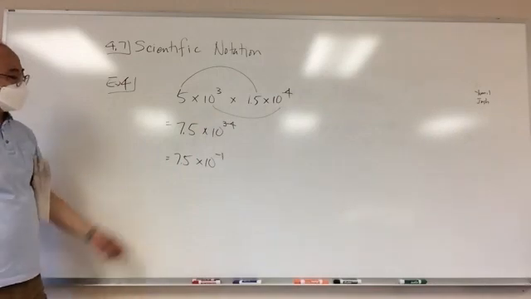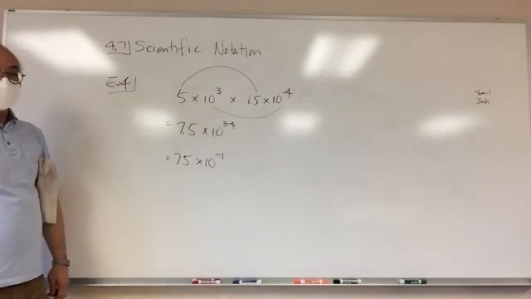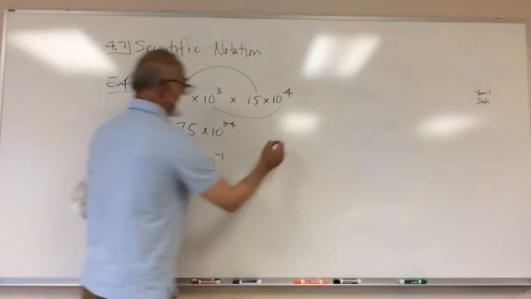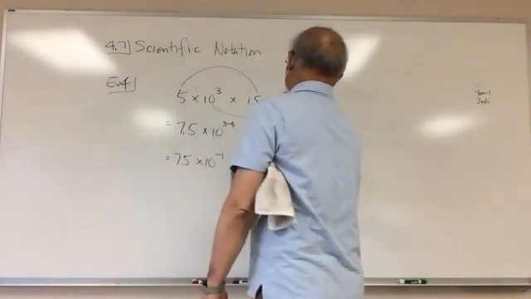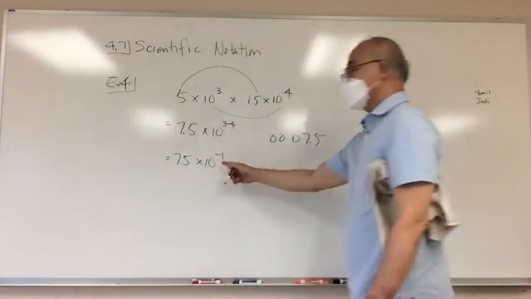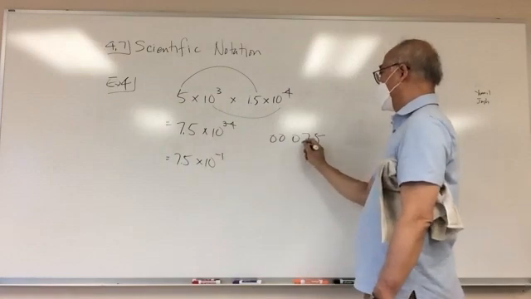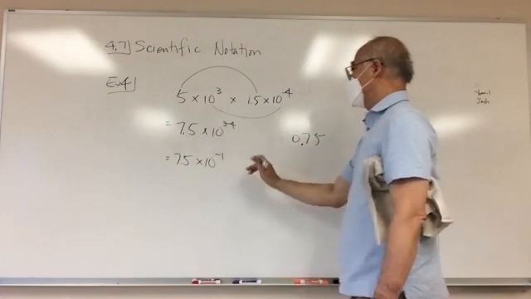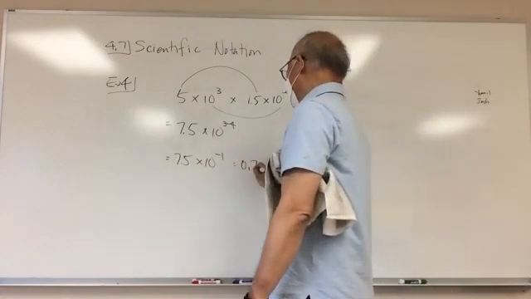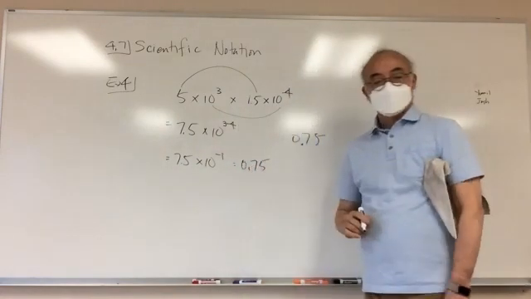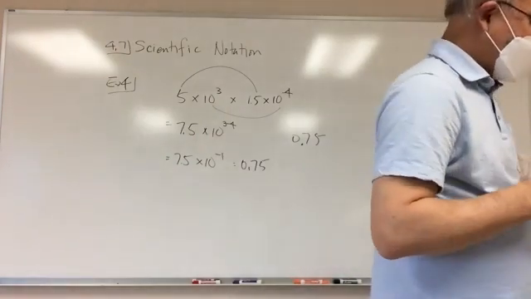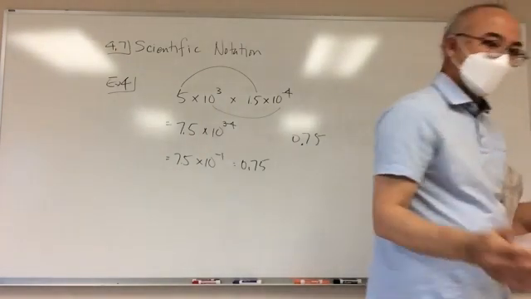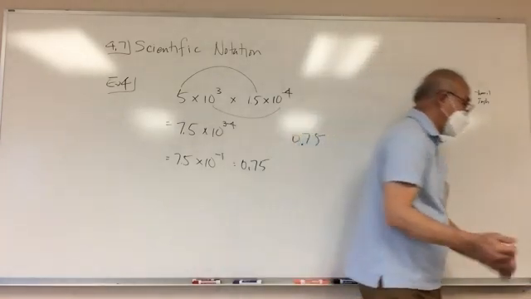In scientific notation, this is what it looks like. In real life, this will be what? 7.5. I'm going to move it this way, because I'm going 0.1, 1. So I can move it 1 there. So this is the same as 0.75. Okay, any questions there? All right, let's go ahead and get working on the homework then.